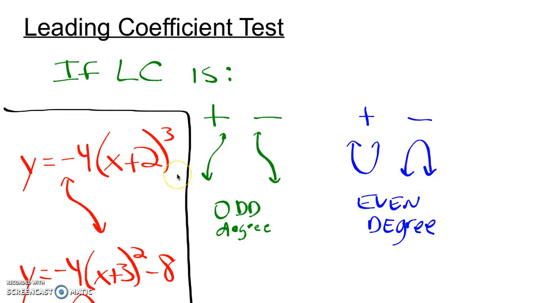I have some examples over here on the left. We see first a cubic function, and the leading coefficient is -4. Because it's negative, and because it's cubic, which is an odd degree function, we're going to have an end behavior that follows the rules of a negative cubic function, and that's that picture.